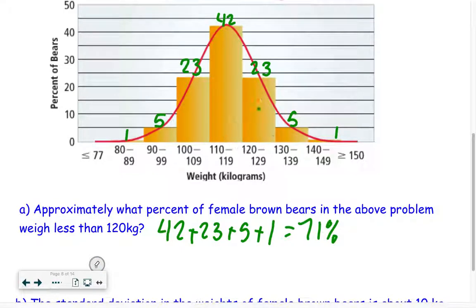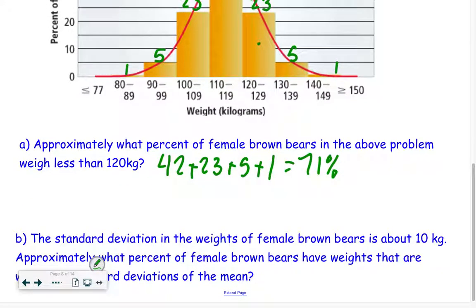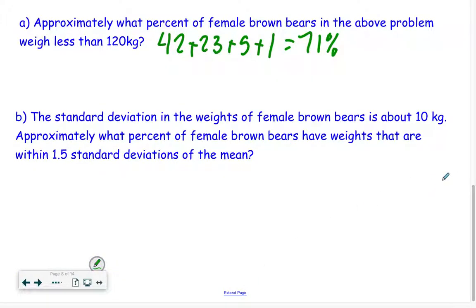Okay, this last problem says standard deviation in the weights of female brown bears is about 10 kilograms. Approximately what percent of female brown bears have weights that are within 1.5 standard deviations of the mean? Well, if we go back up to the top in that first paragraph, it says the mean is what? 115.